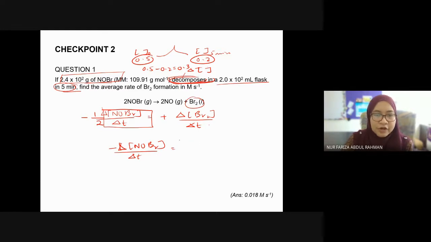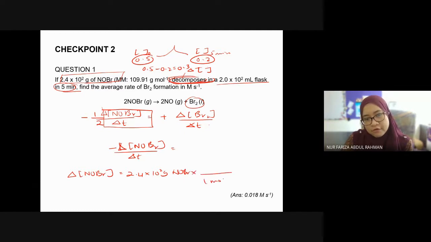You have to find this one first. Find the delta NOBr first. So 2.4 times 10 to the power of 2 gram NOBr. Find the mole. 1 mole of NOBr is 109.91 gram.